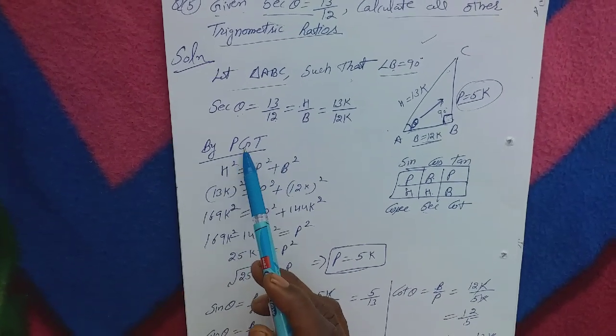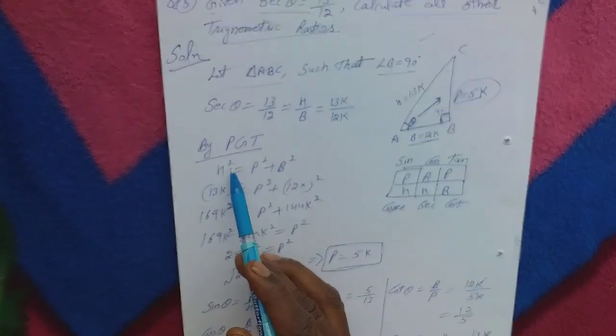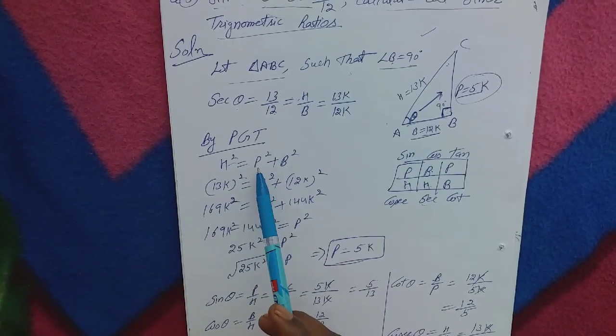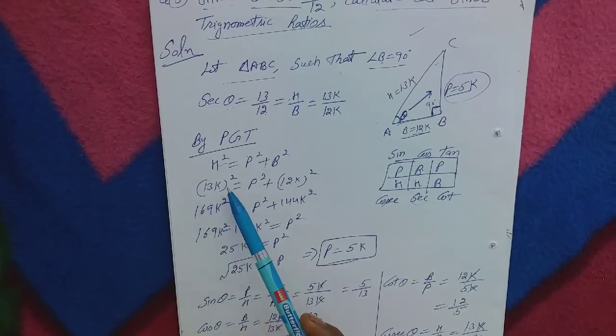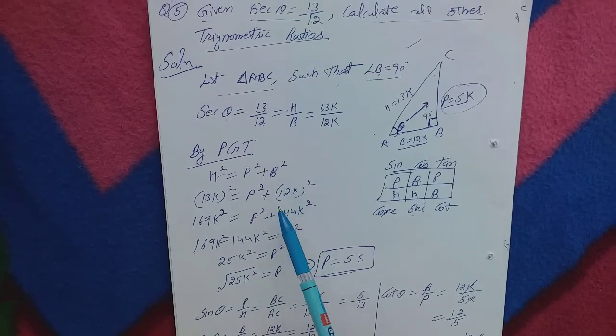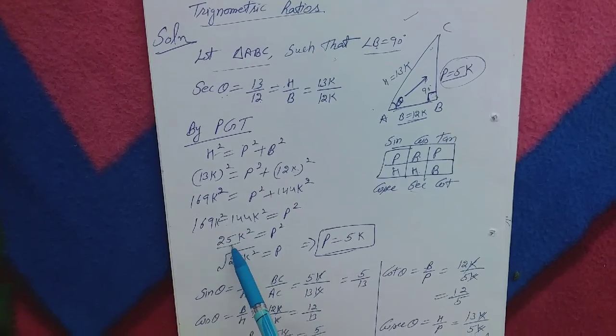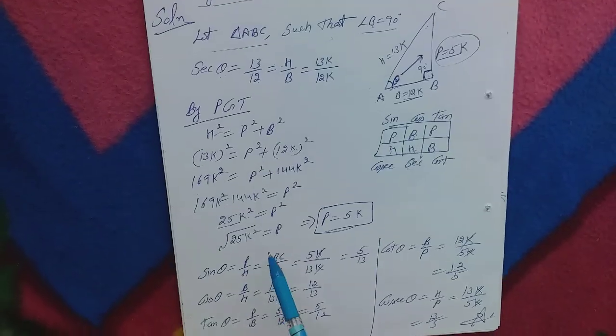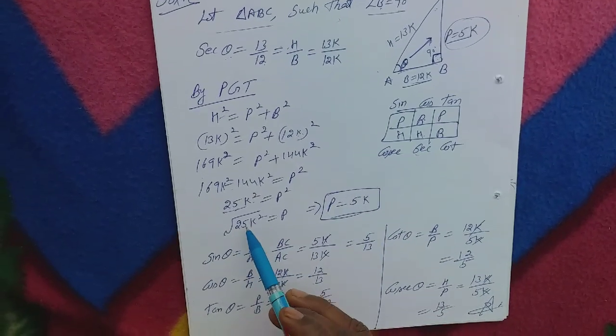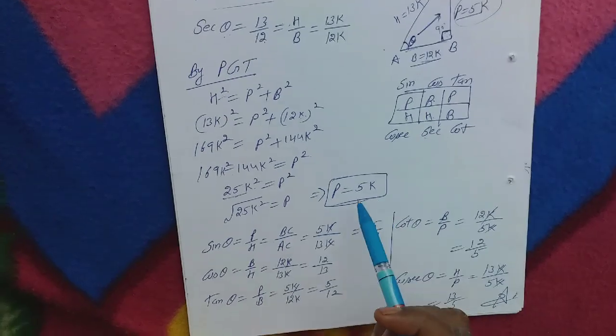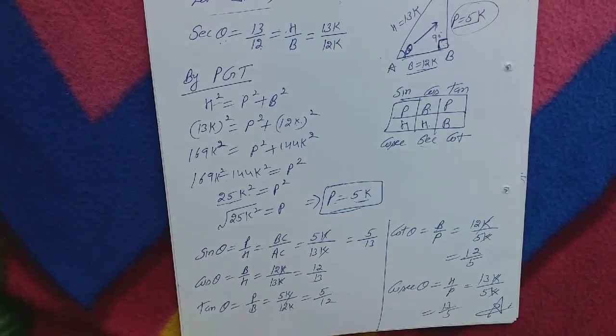We know h square equals p square plus b square. Now put values of h and b. After subtracting, you will get 25k square equals p square. After taking square root, you will get 5k.